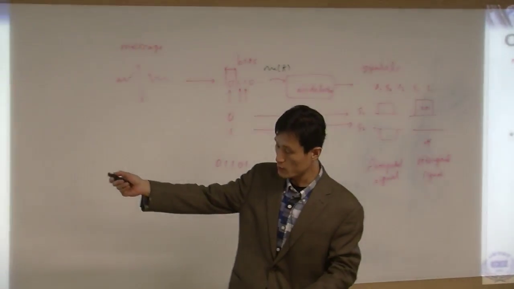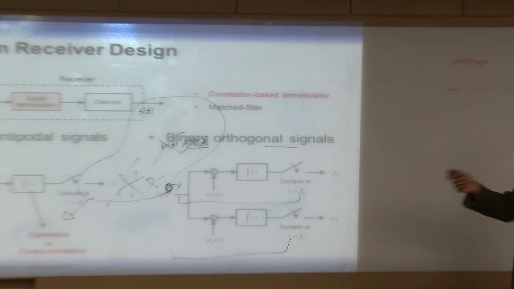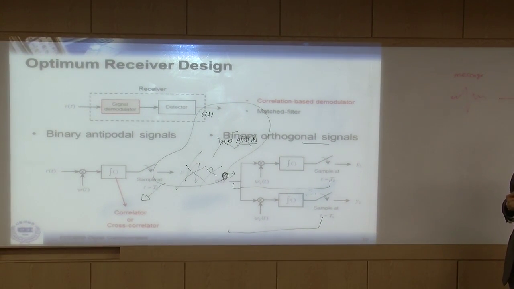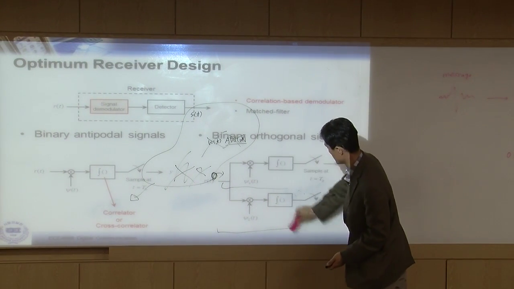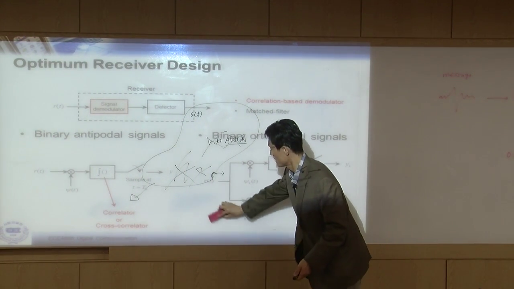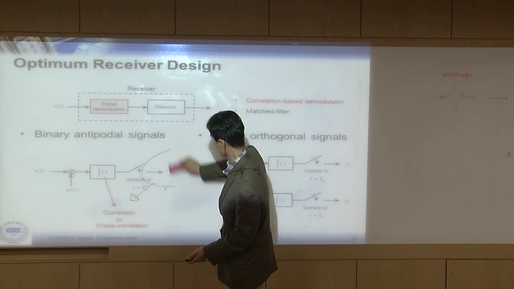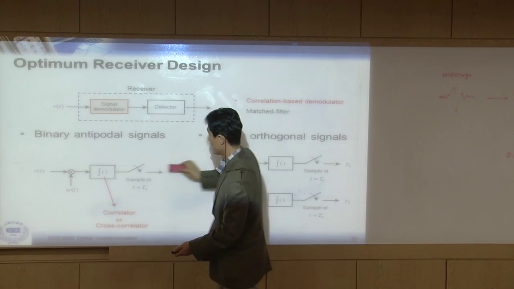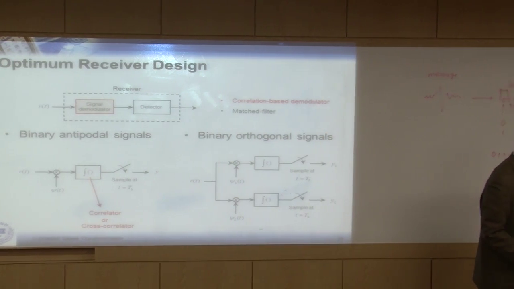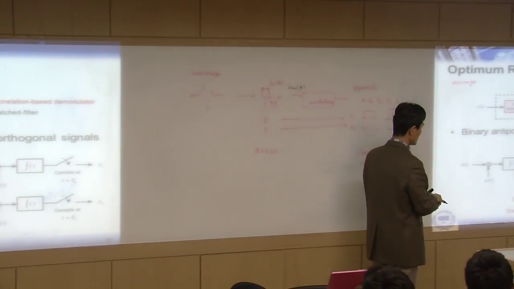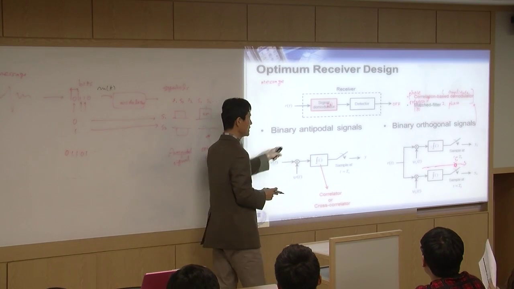What we're interested to look at here is the receiver design, some of the ideas of receiver design in case of binary signal. So let's take a look at it. This is a very simple scenario, very simple in the sense that we assume that we are transmitting binary antipodal signals.